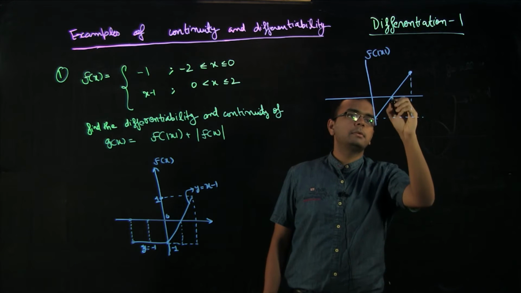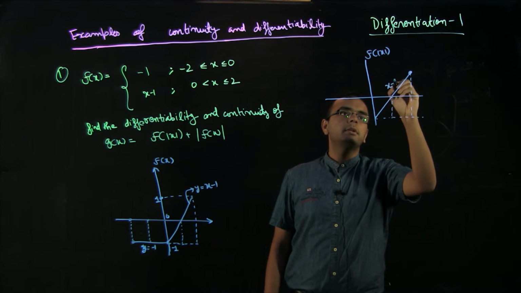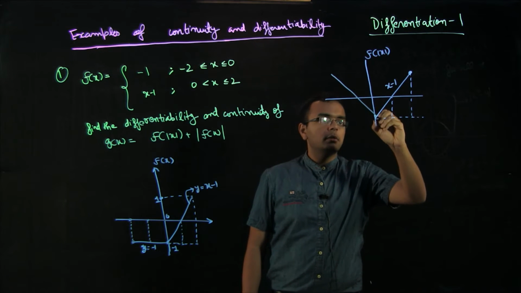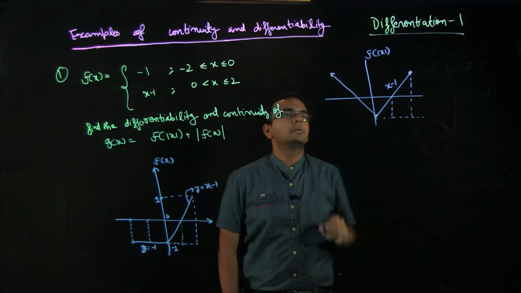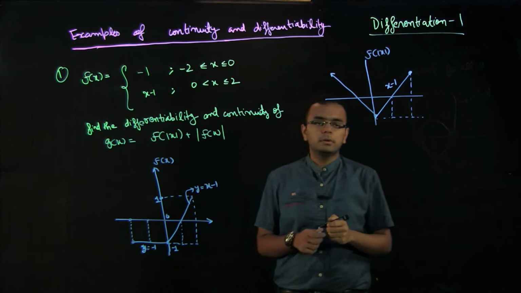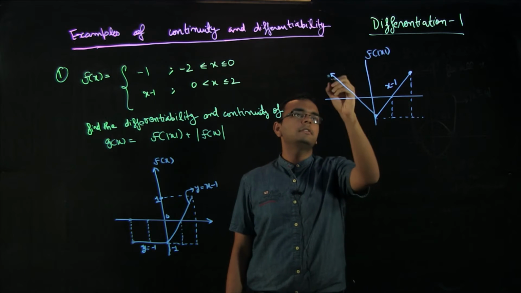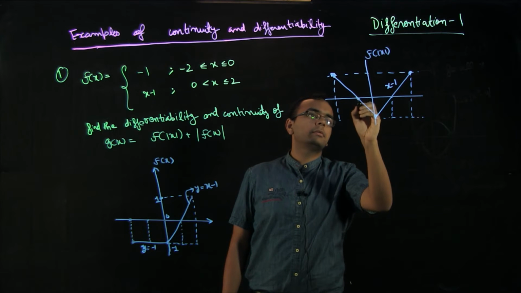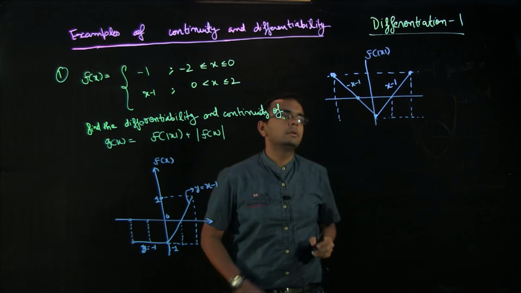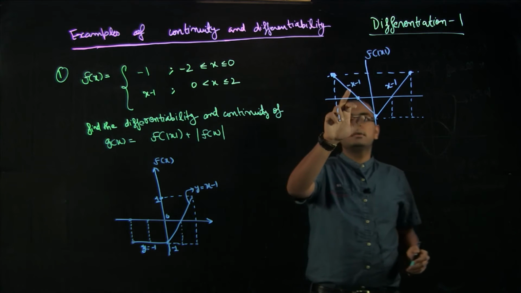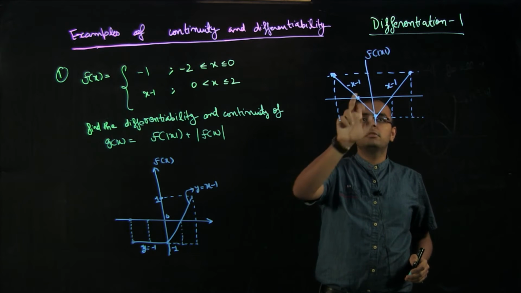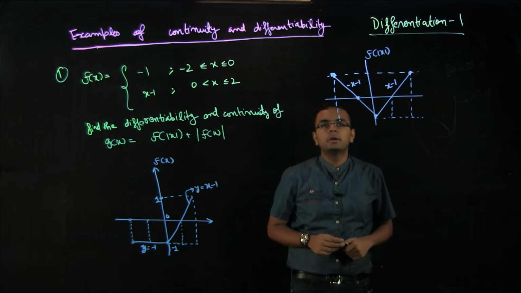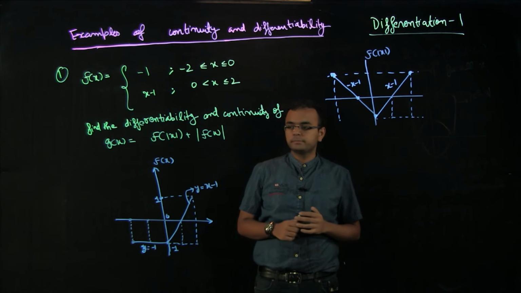This will still be x minus 1. However, this will basically be nothing but the mirror image of this sketch, and this is nothing but minus x minus 1. At minus 1, this becomes 0. So you basically replaced x as minus x in this part, which is nothing but taking a mirror image with the y-axis.